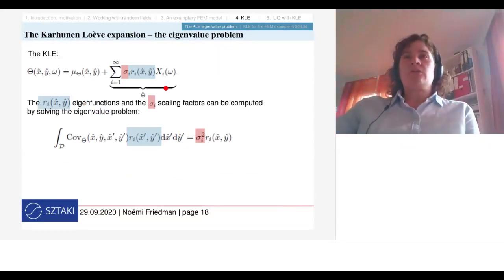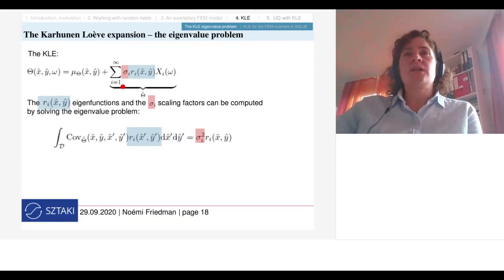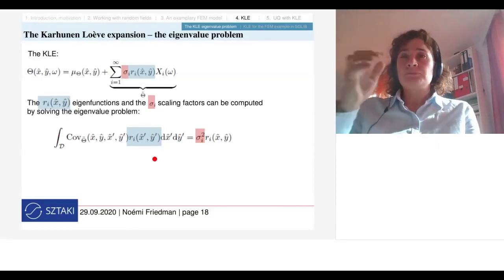This is the Karhunen-Loève expansion that I showed you. And I said these are some scaling factors and these are some spatial functions that I call eigenfunctions, because these functions can be computed from an eigenvalue problem, which is described right here. So these R_i spatial functions are the eigenfunctions of the problem, and these are the eigenvalues of the problem.